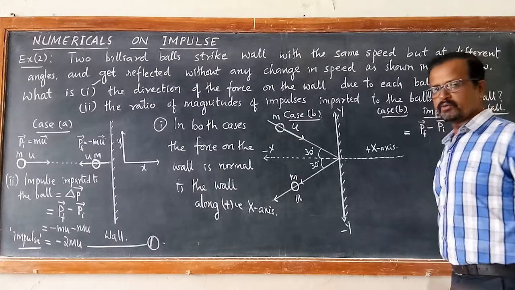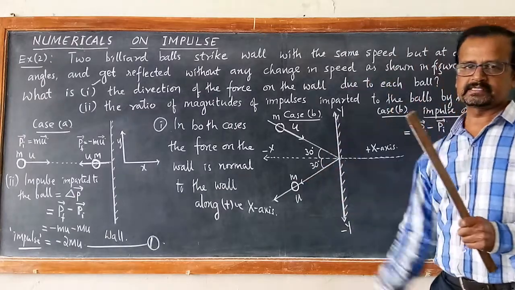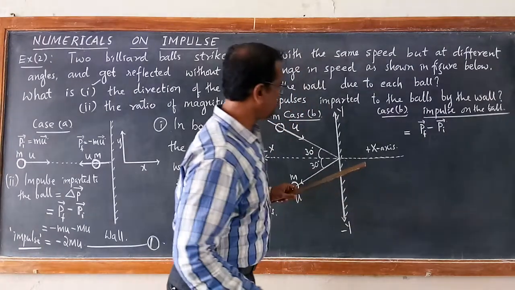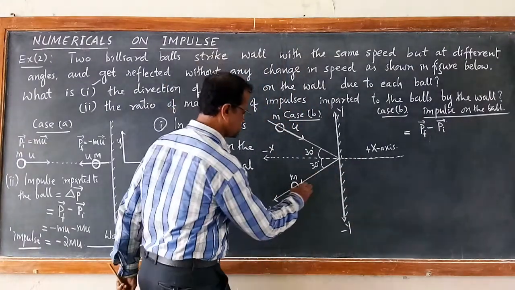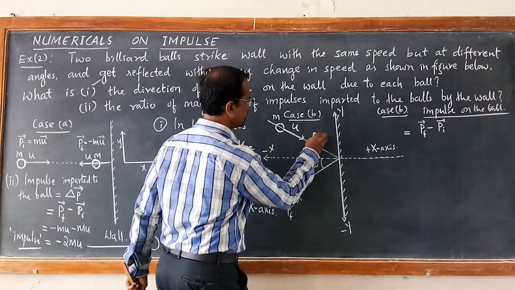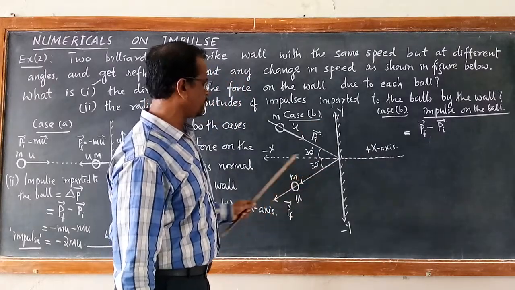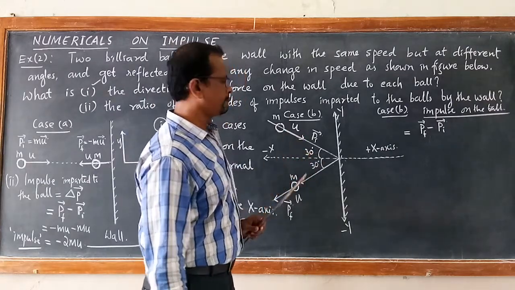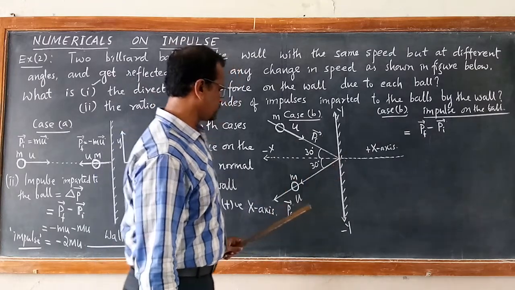Now you are understanding the exact meaning of vector from this second case. The first case was very simple. Now I want to find out what the Pf vector is. This becomes the Pf vector, and this is the Pi vector, right? This Pf vector is making a certain angle, 30 degrees, with the negative x-axis. The Pi vector is making 30 degrees with the minus x-axis. Now I have to calculate Pf vector minus Pi vector.